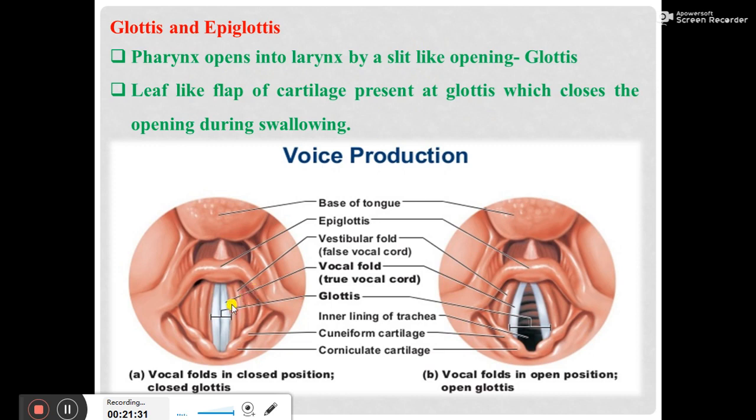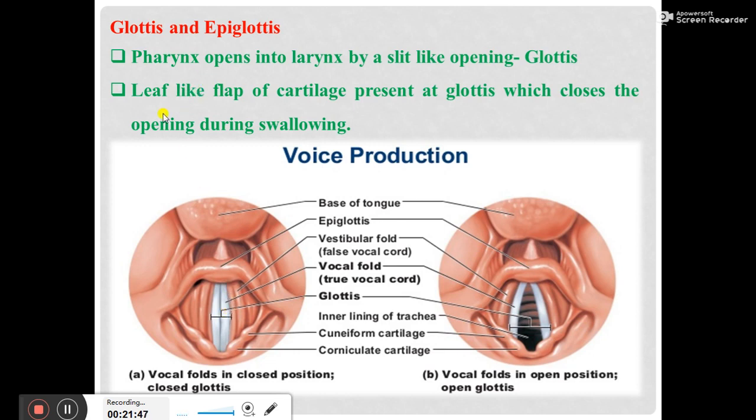Here you can see in the figure the glottis is shown. It is above the larynx. You should know this.